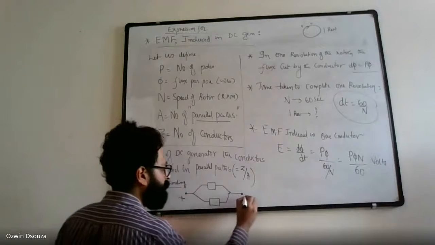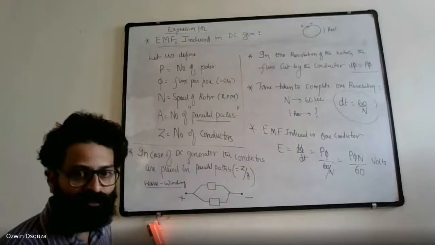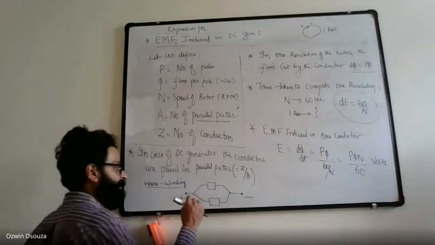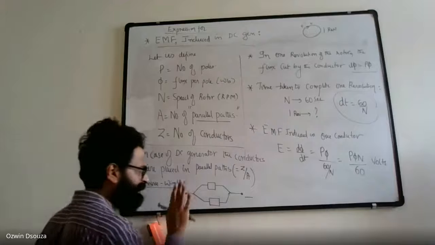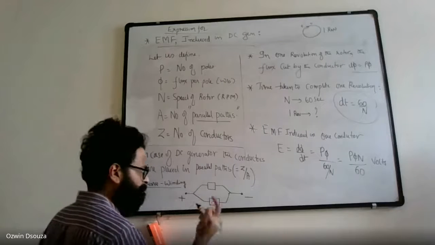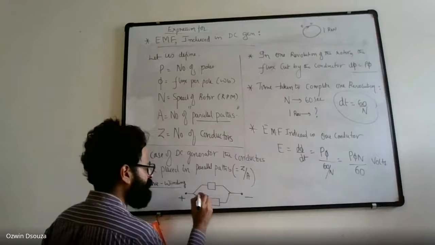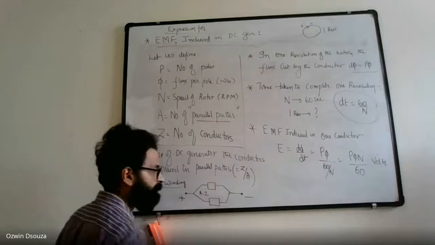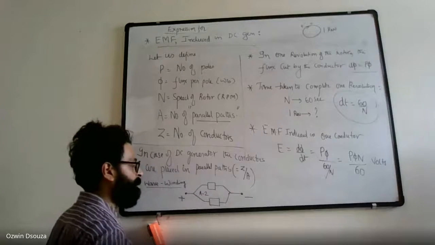This is the positive terminal and this is the negative terminal. Why positive, negative? Because it's a DC machine. So for a wave winding, the conductors are always kept in two parallel paths. So you can say A is equal to 2.